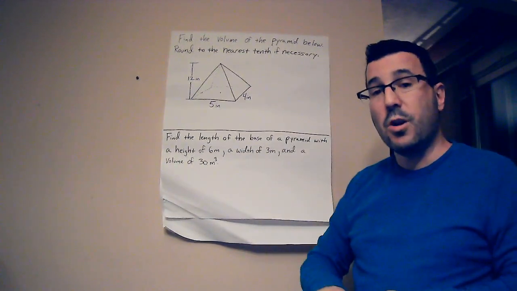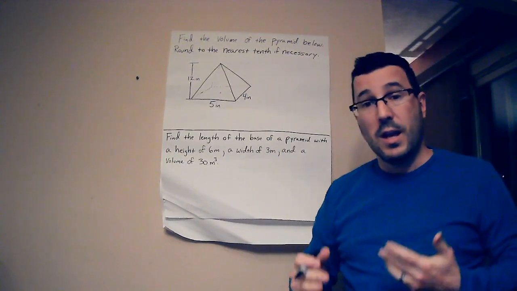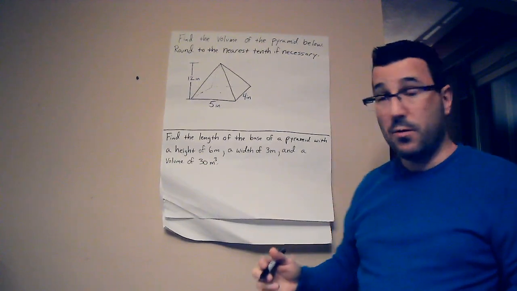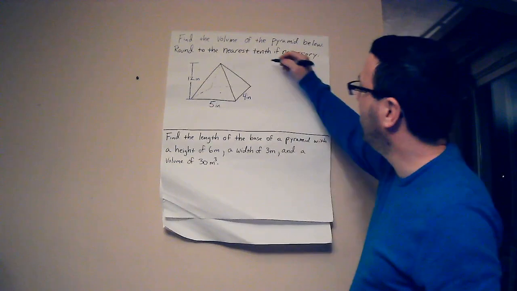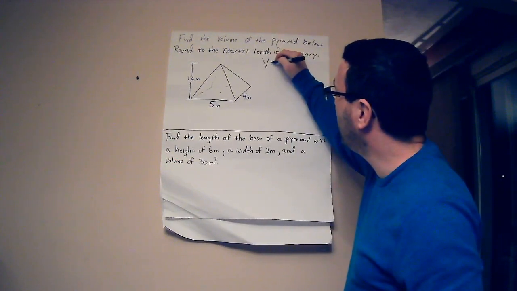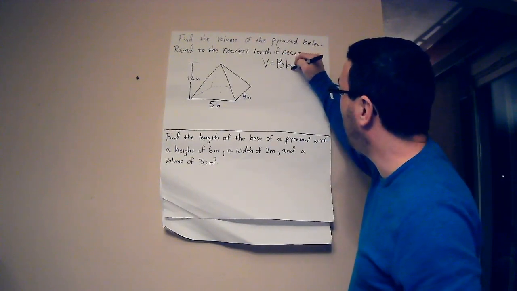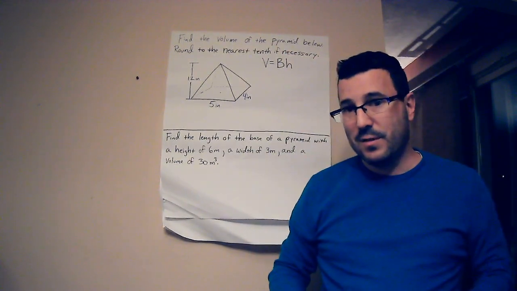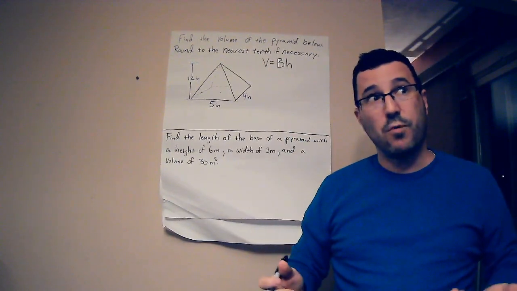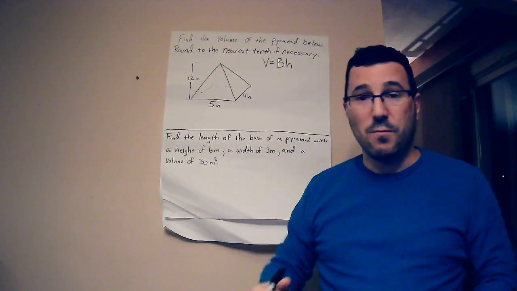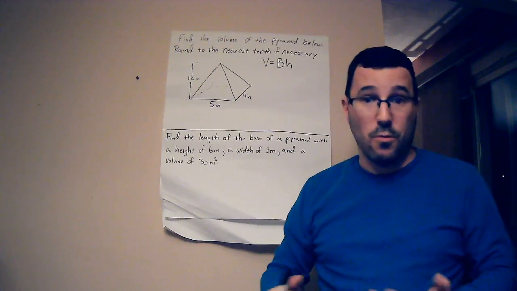So we're going to go back to our general formula for a shape, and that is volume equals the area of the base times the height. Now, this is for pretty much a prism such as a rectangular prism, a triangular prism, or a cylinder.